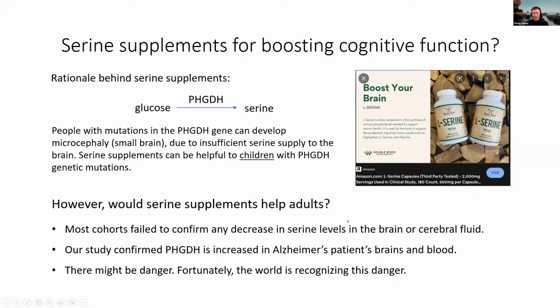And you may know that this supplement has its own challenges. For example, we mentioned a candidate mechanism for it to overactivate neuron activity and potentially lead to excitotoxicity, but serine also has other effects that lead to progression of cancer.